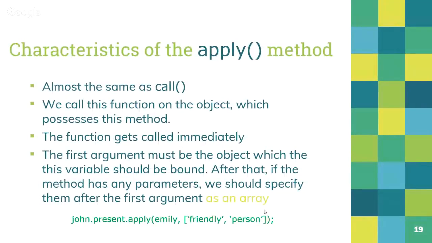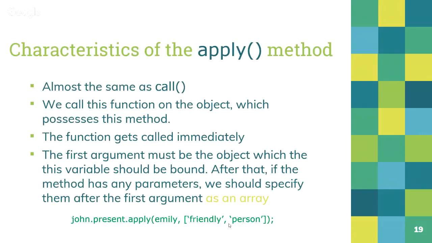The apply method actually is exactly the same as the call method. The only difference between the two is that if there are any arguments we want to pass to the borrowed method, so in our case, friendly and person, we have to put them in an array. Here, notice how friendly and person are inside of an array. This is useful actually when there are lots of parameters.